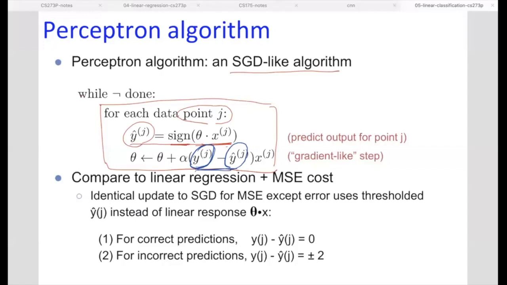Then you take the difference times this x_j, and use it to update your parameter, with a little coefficient in front of it, alpha, which is a constant. If you look at this, it looks very familiar, right? This algorithm looks very familiar to the online gradient descent algorithm we use for linear regression.